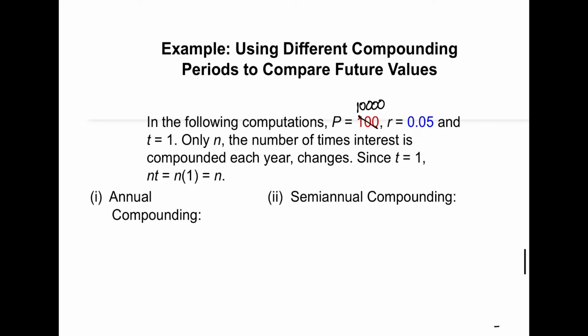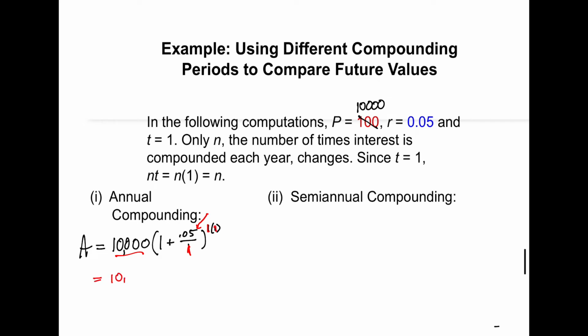I'm going to start off with the formula. Plugging in what we know here, my 10,000 is my principal, my starting point. And for annual compounding, we're getting 5%. And that's divided by 1 because we're only compounding it once a year. And then we have 1 times 1, 1 year, and 1 time that it's compounded.